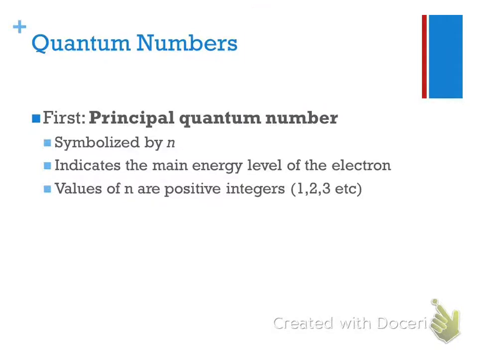Values of n are always positive integers because we cannot have a negative energy level. Okay, we can only have energy levels starting with 1. Okay, it can only be on the first energy level. There's no 0 energy level. Okay, so n has to be greater than or equal to 1.